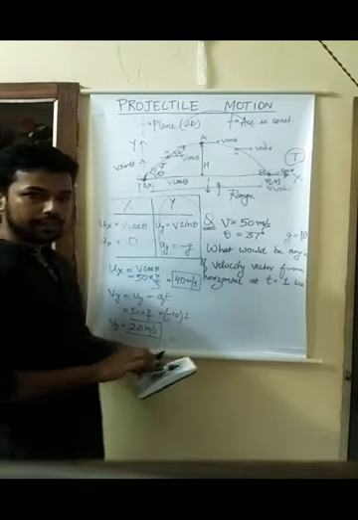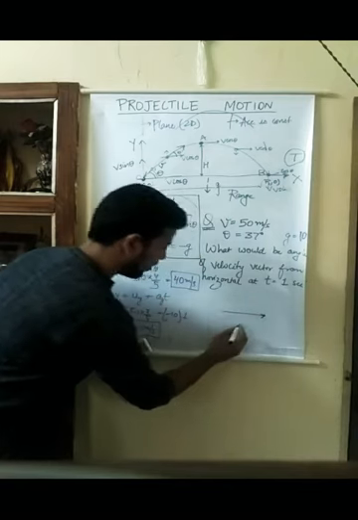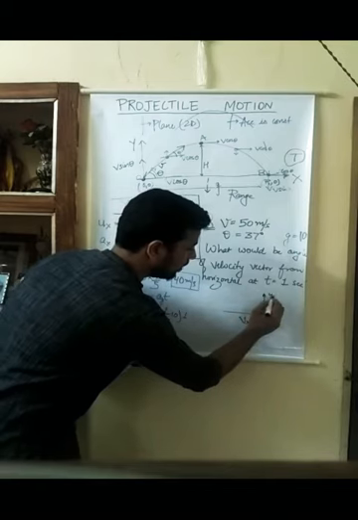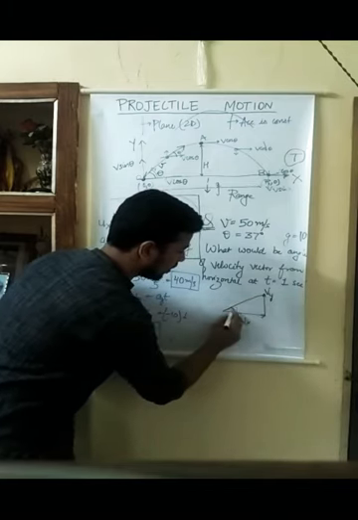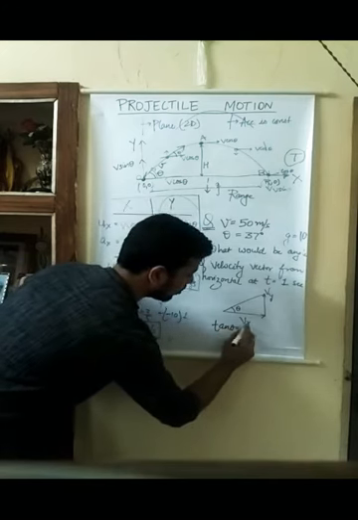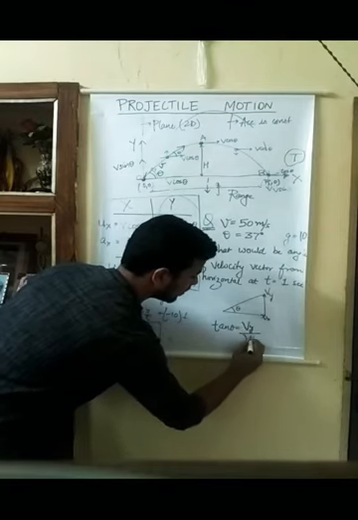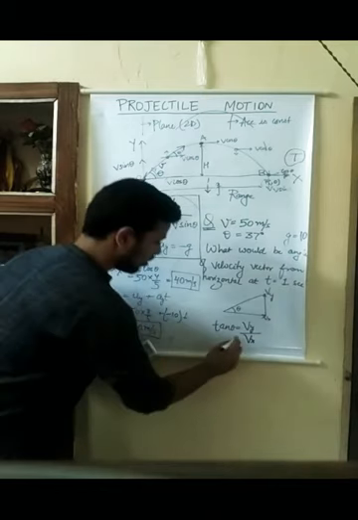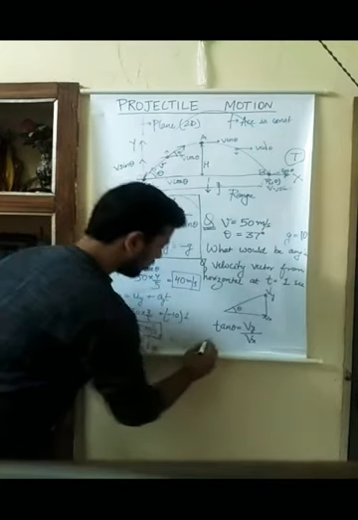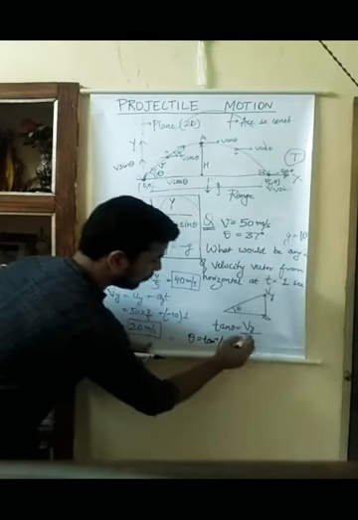From our knowledge of vectors, if we know Vx and we know Vy, then the angle theta we can obtain by tan theta equals Vy by Vx. So theta would be tan inverse of Vy by Vx.